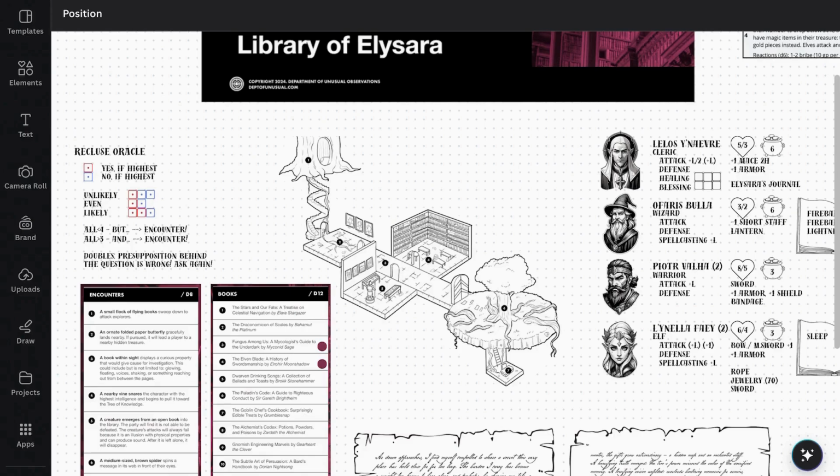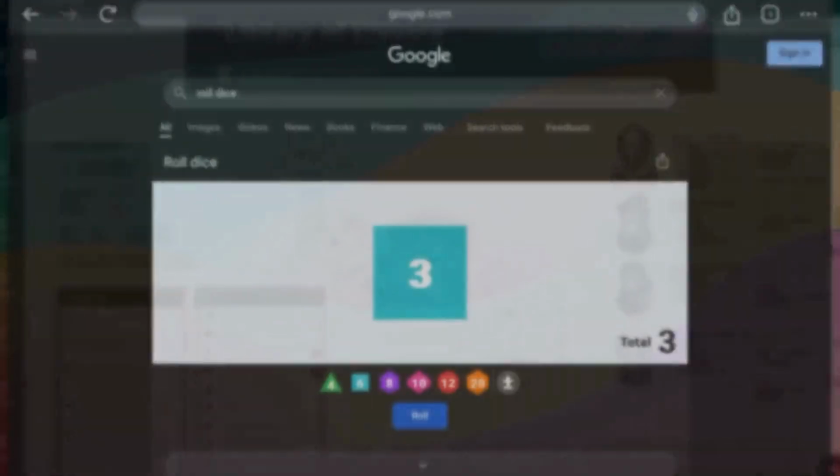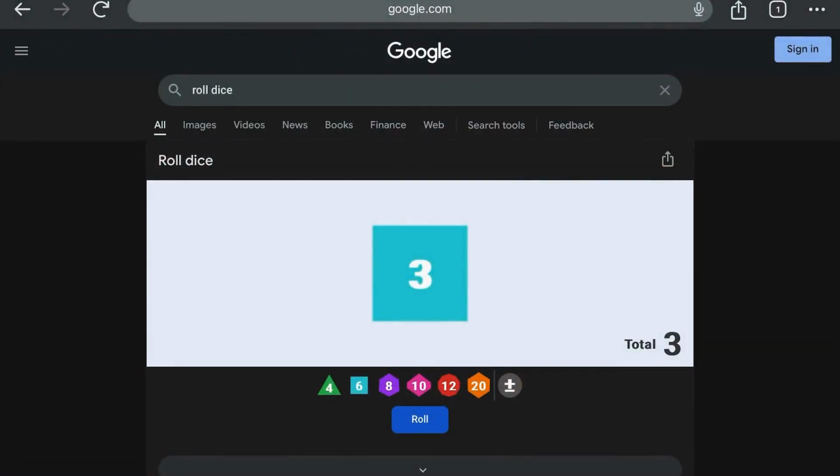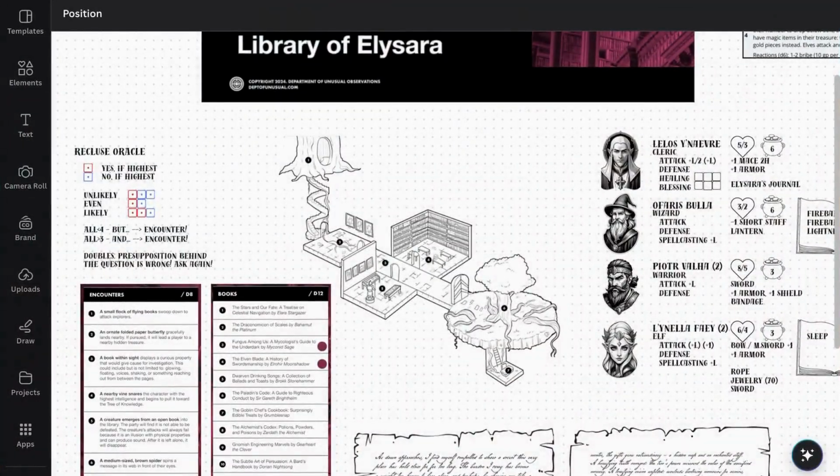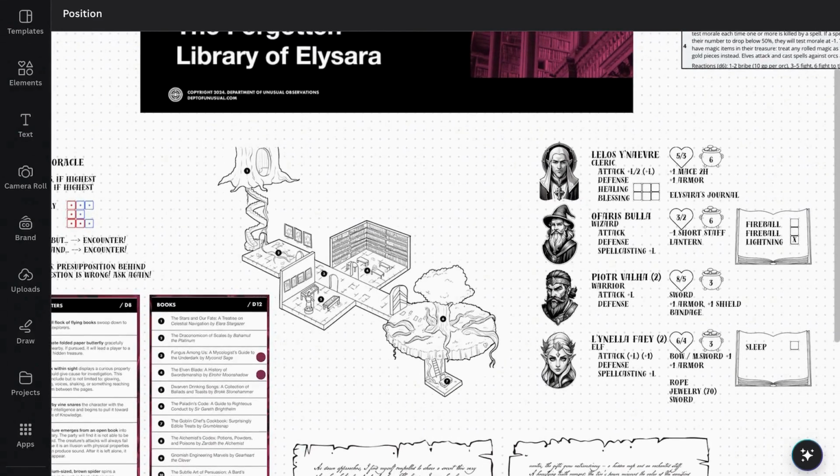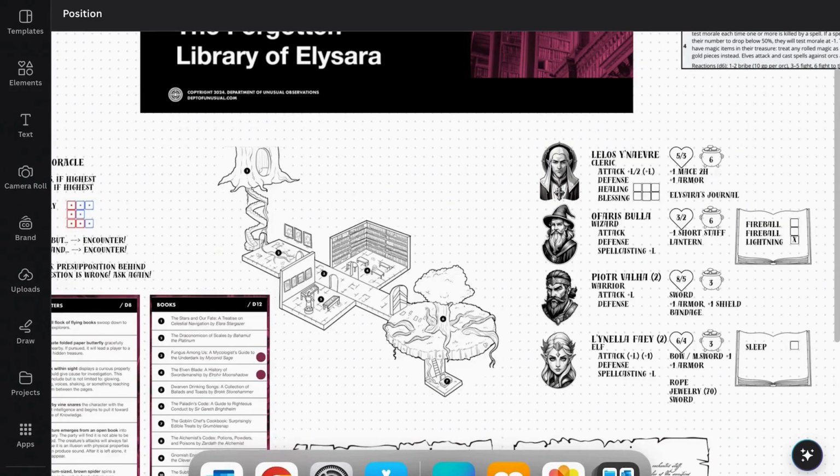So, staying or leaving with the others and forgetting about this library now. It can be just a simple roll. If it is odd, then Lelos will stay. If it is even, then Lelos will leave.